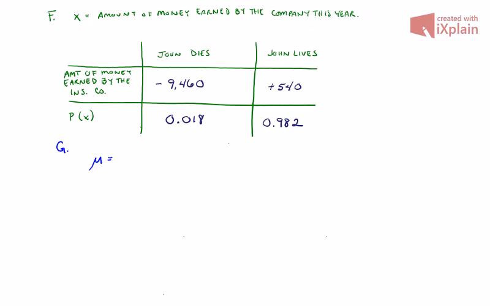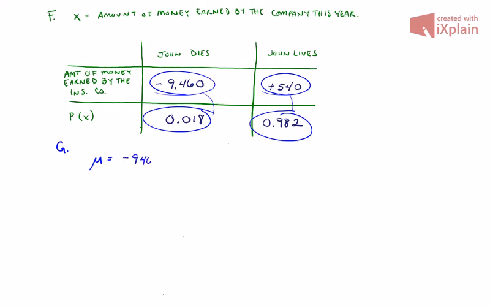And in order to calculate the expected value, we're going to take every possible outcome, so those possible values, and we're going to multiply them with their respective probability. So in this case, I would have negative 9,460 times 0.018 plus a positive 540 times 0.982.